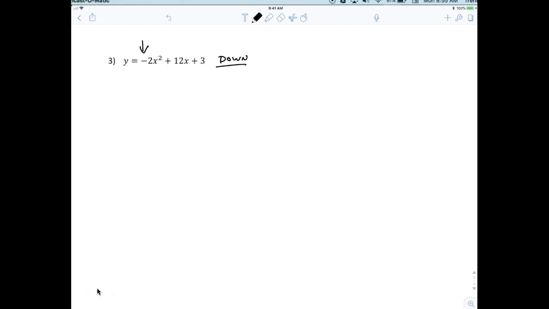Honestly, this is as hard as it gets. The first 2 were just kind of an introduction. Now step number 1: x equals -b over 2a.